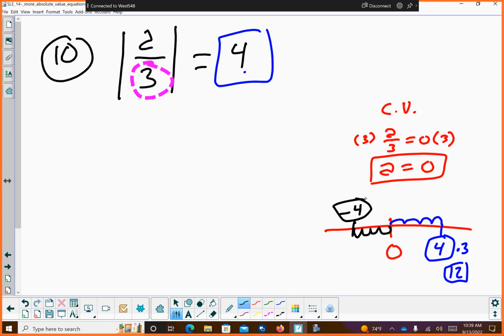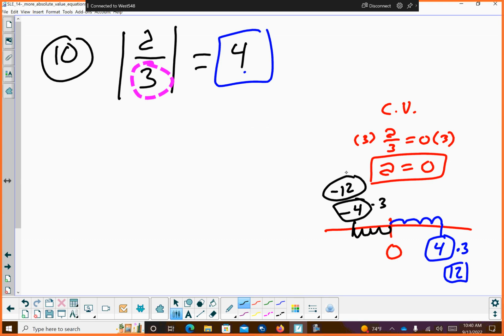We have a 3 in the denominator, so I'm going to multiply this times 3, and I'm going to get to negative 12. Now let's figure this out. Negative 12 divided by 3 is negative 4, and absolute value of negative 4 is 4.